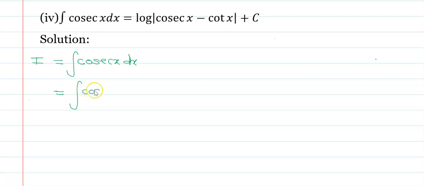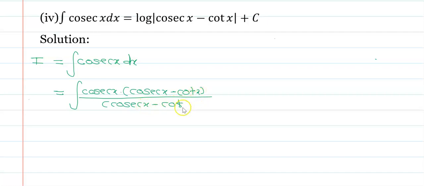Now keep this cosec x into in bracket cosec x minus cot x upon cosec x minus cot x, bracket complete, into dx.